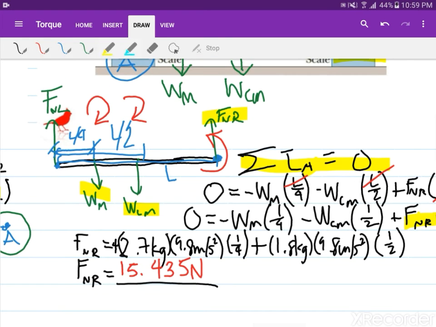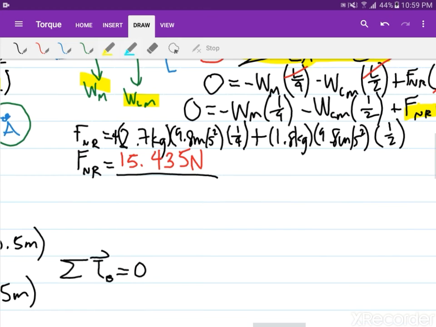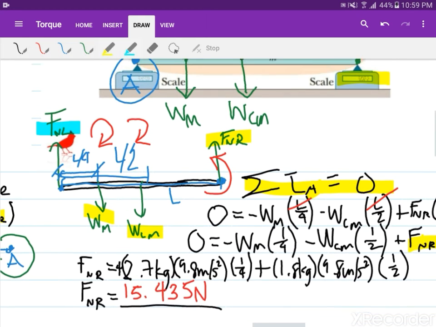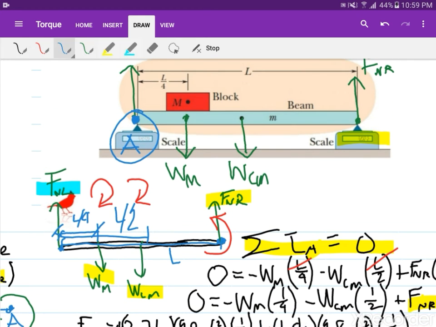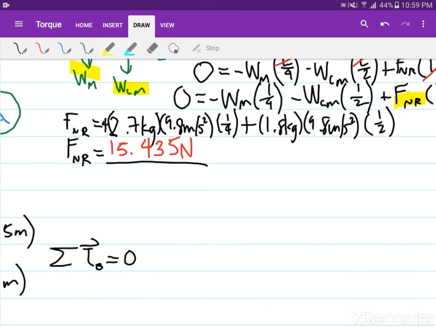Okay, so now let's solve for F N L. We assign another axis of rotation or pivot here. Let's call that B. The torques at B must be 0.